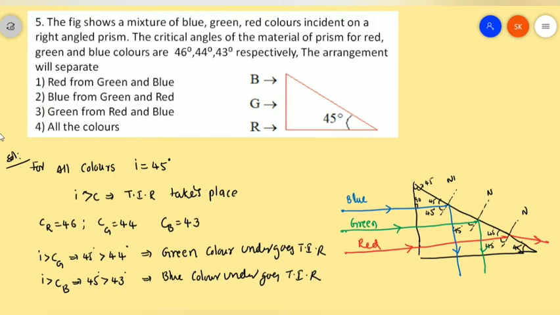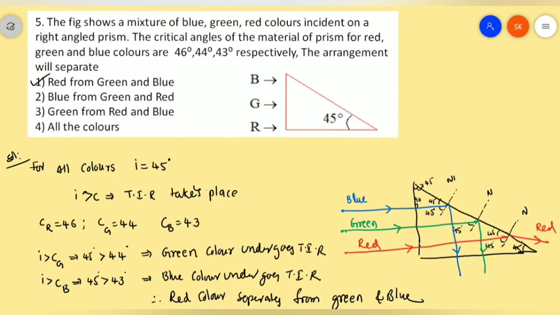Out of these, the red color is transmitting and the remaining colors are reflecting, meaning the red color is separating from the other colors. Therefore the answer is: red color separates from green and blue. This first option is the right option.